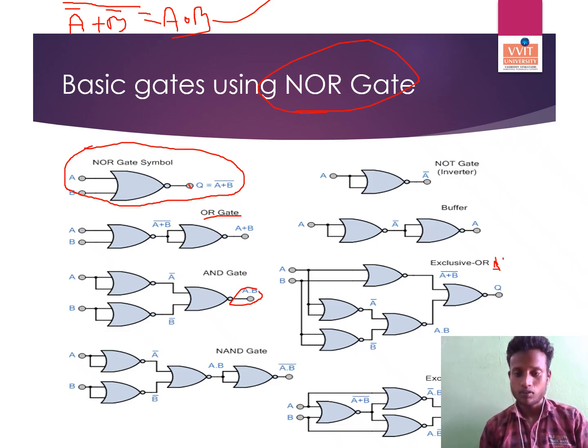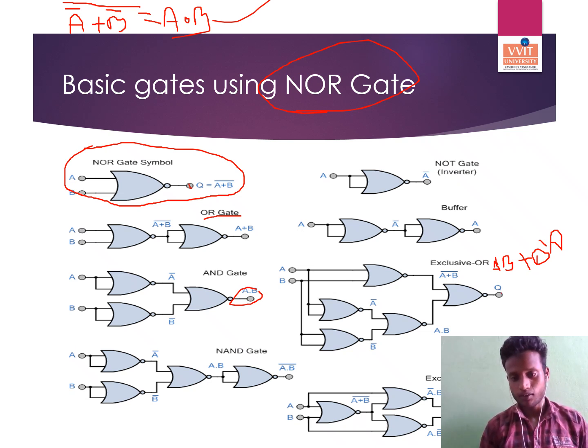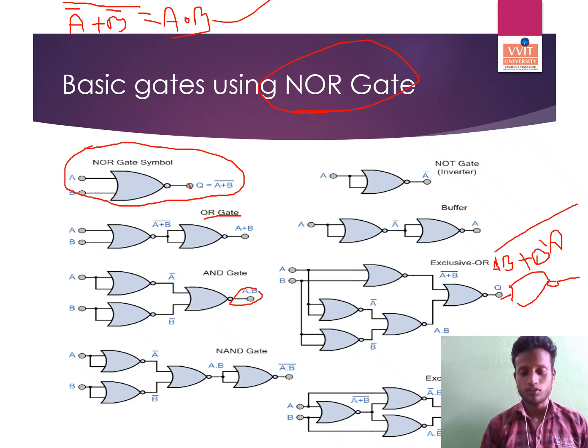A bar B plus B bar A. For the exclusive NOR gate, we use another NOT gate here, and the output comes complemented. This is about the exclusive NOR gate and exclusive OR gate.